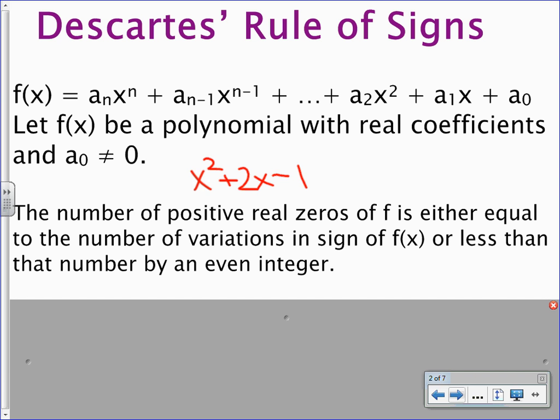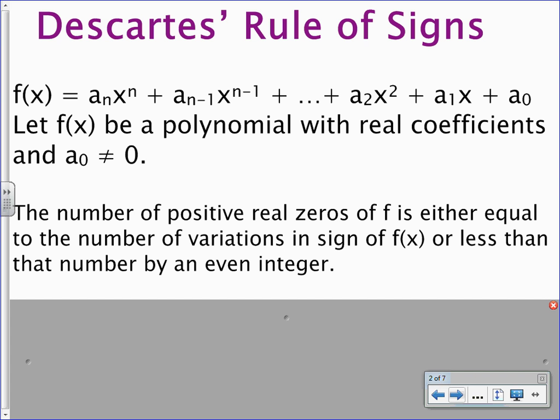That would be one change in sign, okay? So that's what that means, variation in sign, looking at adding versus subtracting, positive versus negative through your polynomial. So as you look in order of your polynomial, the number of sign changes, that's how many positive real zeros you have, or an even integer less.